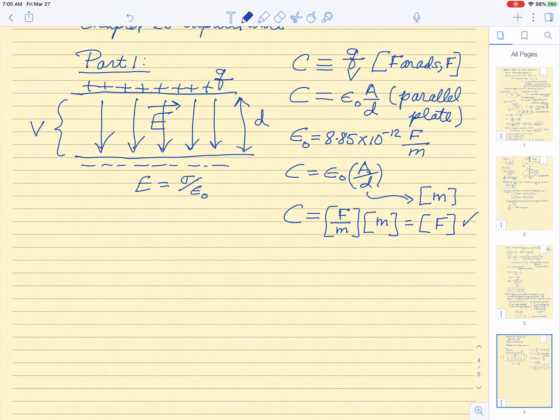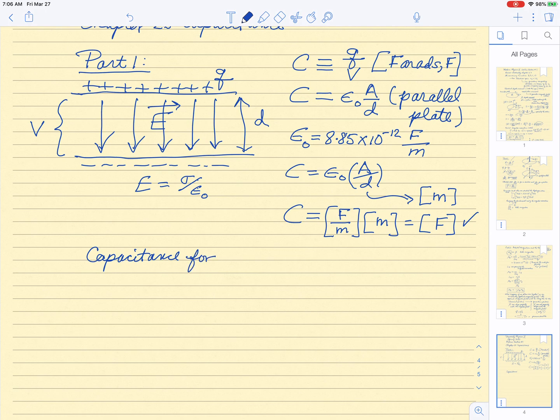So what I'd like to do here is, what happens if we try to derive the capacitance for other configurations?